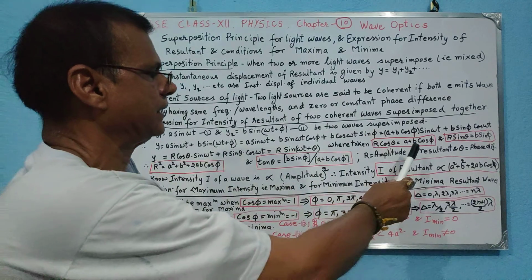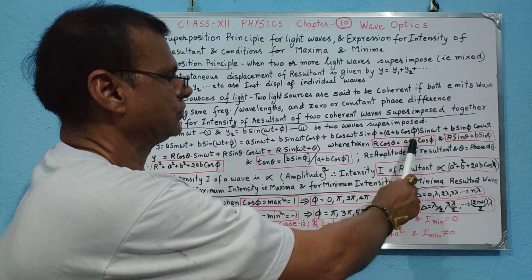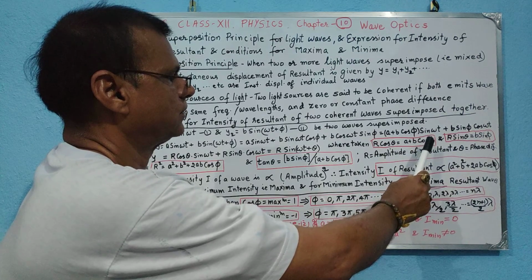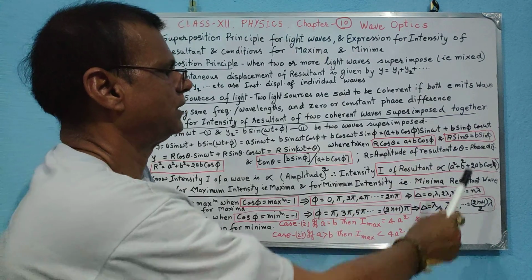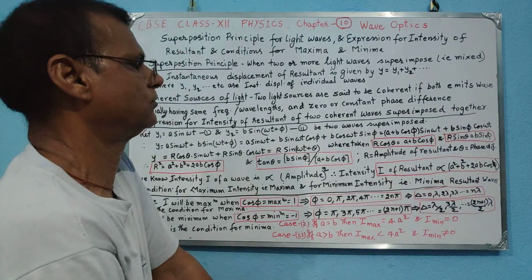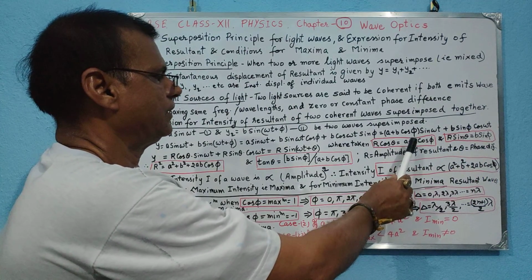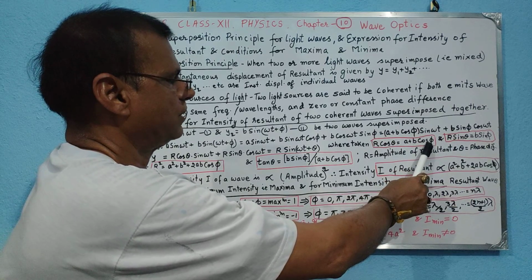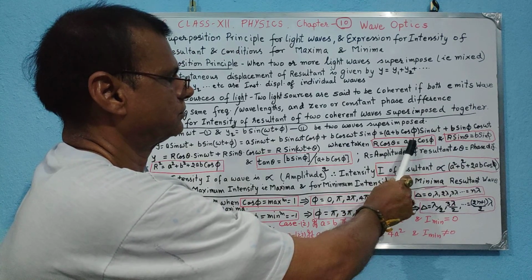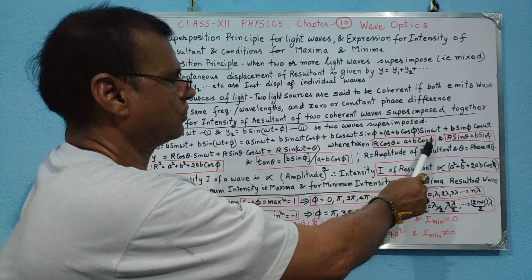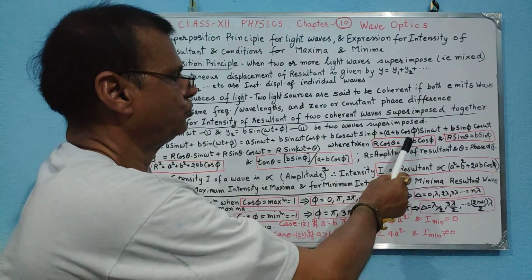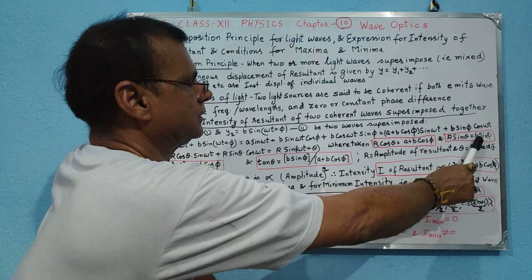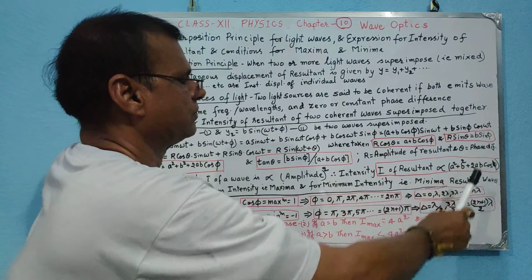And on the right-hand side you are squaring and adding both. So it becomes (a plus b cos phi) whole square plus (b sin phi) square. If you expand it, you get a square plus b square cos square phi plus 2ab cos phi, and here you square, you get b square sin square phi.